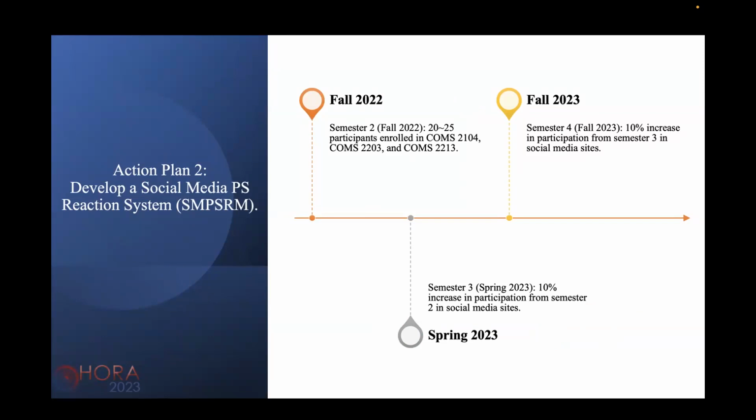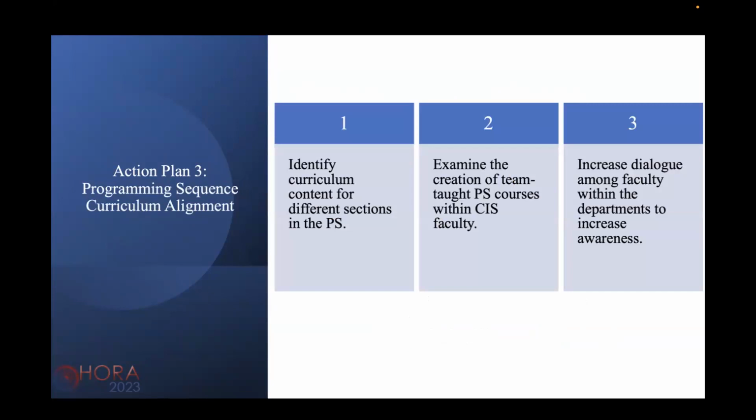Our third action plan was programming sequence curriculum alignment. We made some changes to our programming sequence curriculum, regardless of whether a student is in different sections or attending a different faculty member's course. They all receive the same curriculum for the same course to improve student performance and to better prepare the students for the future.